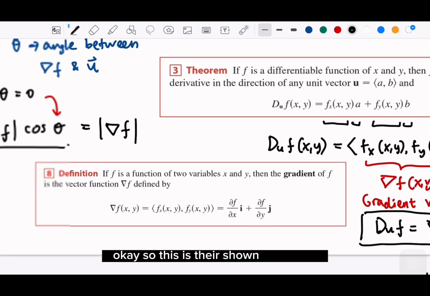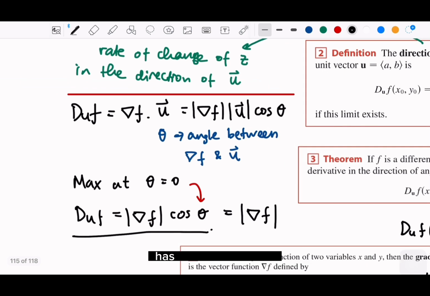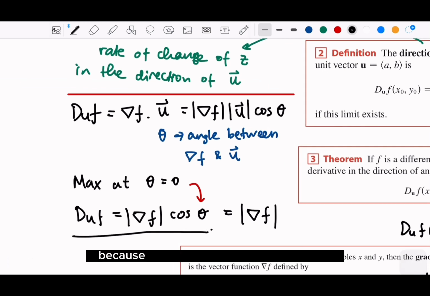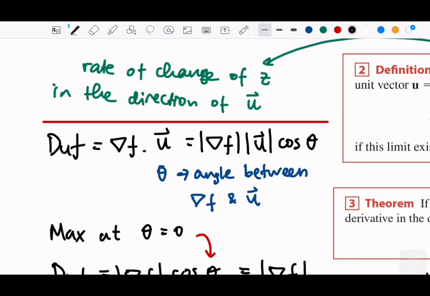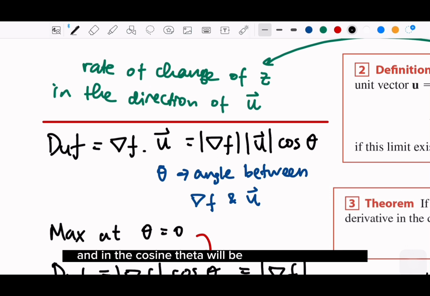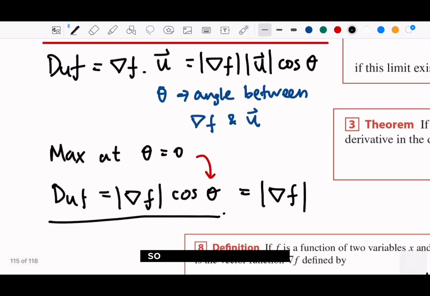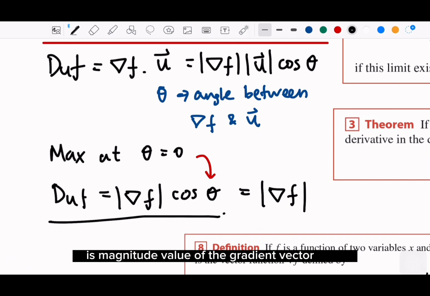The directional derivative has a maximum value when theta is equal to 0, because we could rewrite this dot product in terms of cosine theta, and the magnitude of u is 1 because it is a unit vector, so cosine theta is 1 at maximum, so theta is 0. So we can just write that the maximum directional derivative is the magnitude of the gradient vector itself.